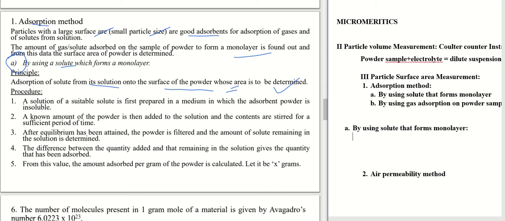In this method we need to have solute plus medium plus the powder sample of which we need to calculate the surface area. We need to select the medium in such a way that the solute and the powder sample remain insoluble. All these things should be insoluble.